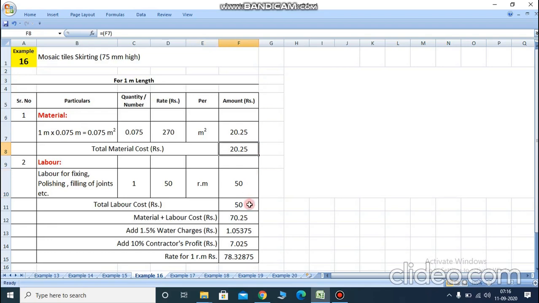Now summation of the material cost 20.25 plus labor cost 50. So material plus labor cost is 70.25, and we include the 1.5% water charges. So 70.25 multiplied by 1.5%, we got the answer 1.0537 as water charges. Now we add the 10% contractor profit. So 70.25 multiplied by 10%, we got the answer 7.025 as contractor profit.